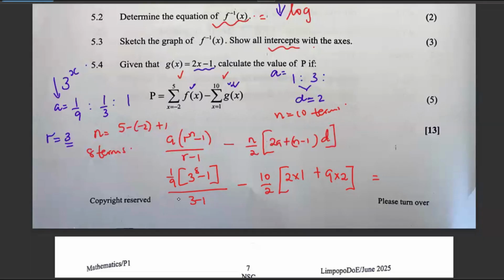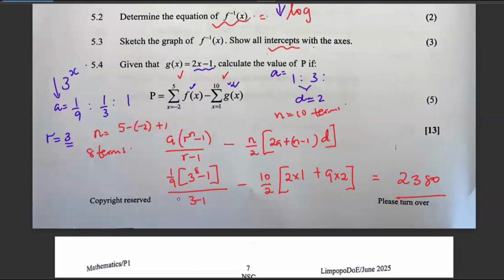So when I punch that into the calculator, we are subtracting, into 2 plus that. I'm getting 2380.